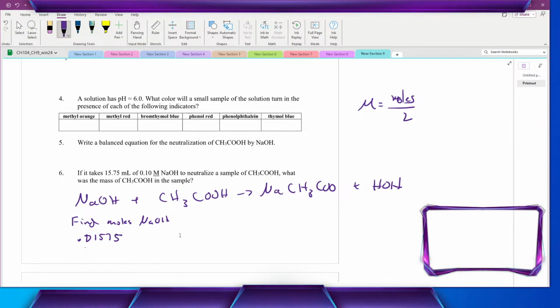So again, I just divided by 1,000, so it's in liters. Now multiply it by the molarity, which is moles over liters. So liters cancels. And let me just type that in.